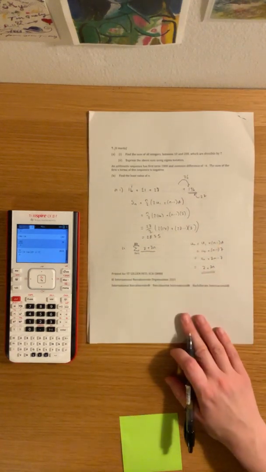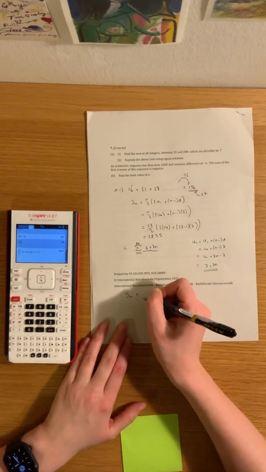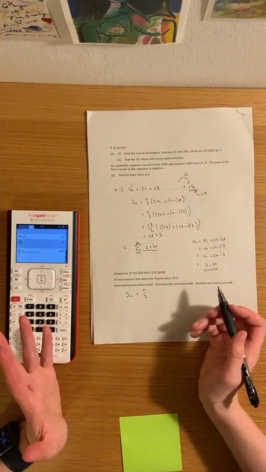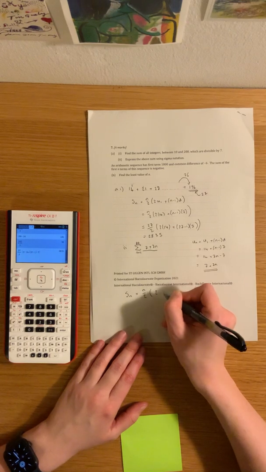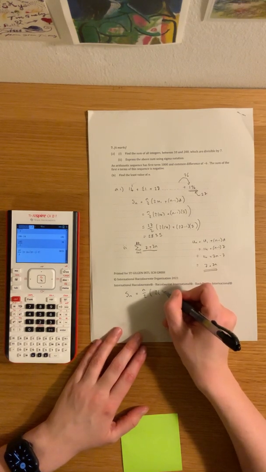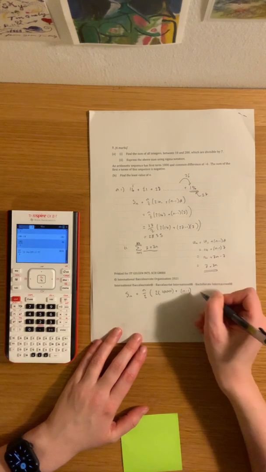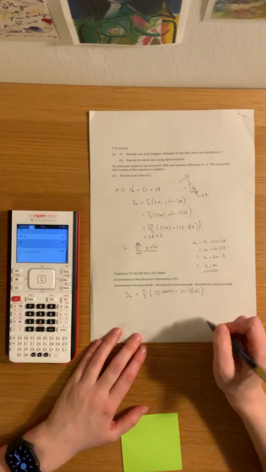So as I work this through, let's have a think. Let me first just write out my SN formula for this. So my SN formula, n over 2, I don't know what the n is, that's what it's asking me to find. 2 times u1 is 1,000, plus n minus 1, I don't know that, but I do know that my d is minus 6.